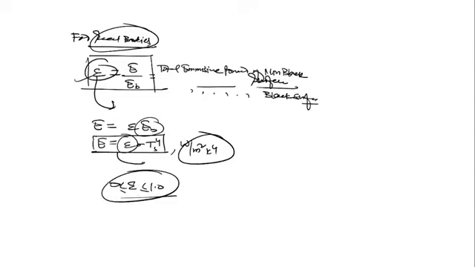So what is the physical significance of emissivity? Emissivity is the radiative property of a surface, and it provides a measure of how efficiently a surface emits energy with respect to a black body.